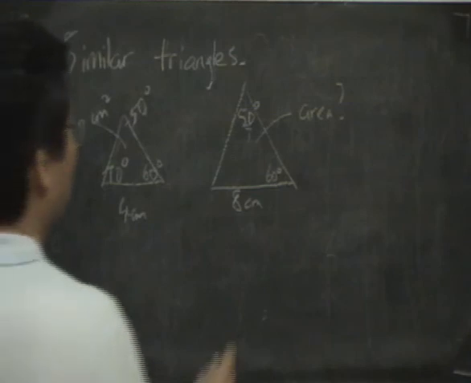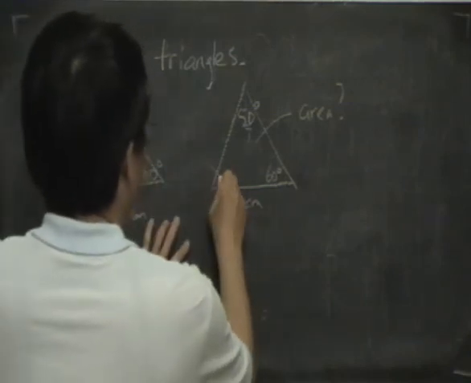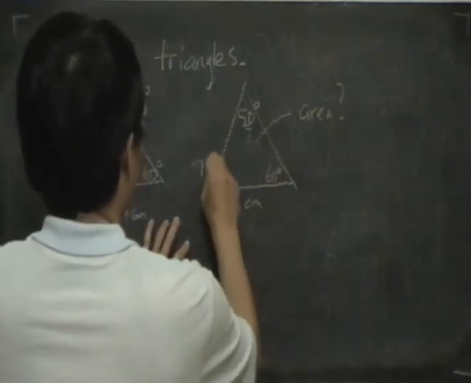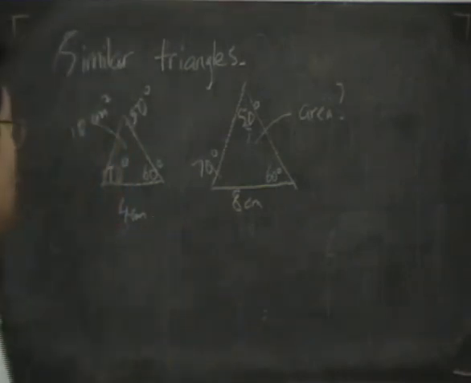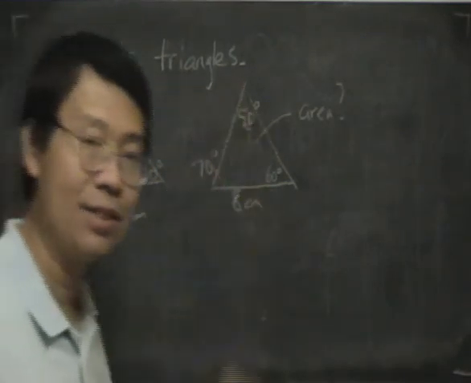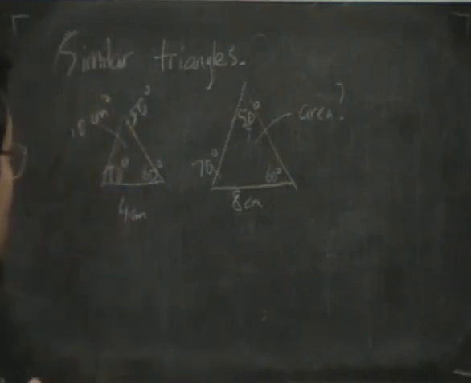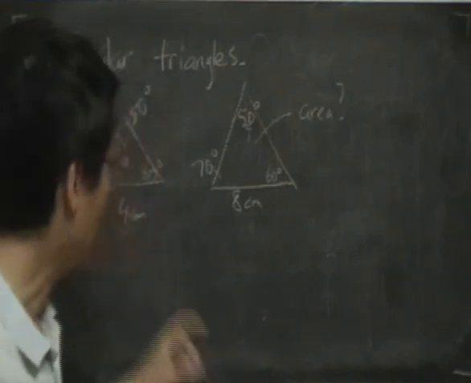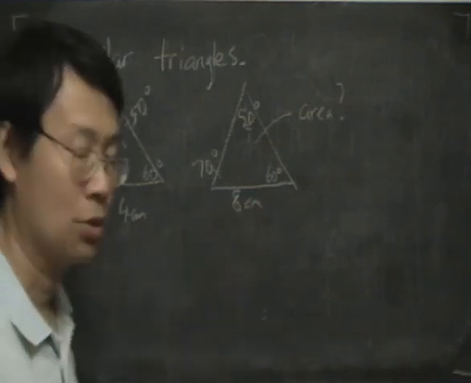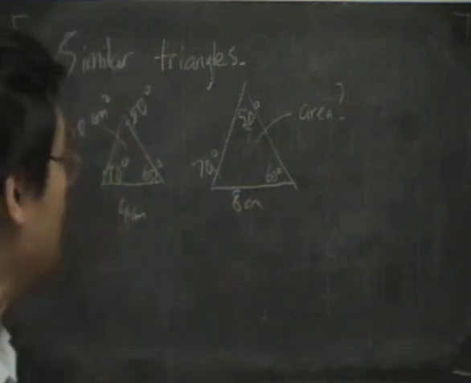Likewise we can calculate this angle, and you'll find that it is 70 degrees. Now you can see that all three angles are equal, so therefore they are similar triangles, but they're not congruent because these sides are not equal.